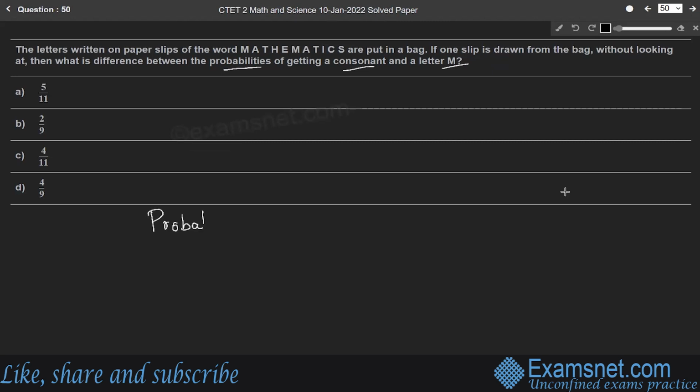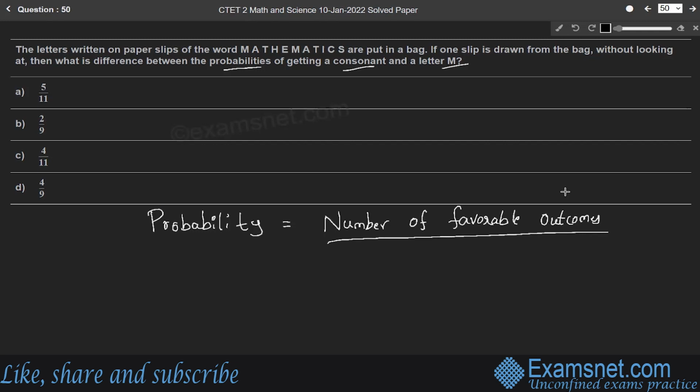Probability is equal to the number of favorable outcomes divided by the total number of outcomes.